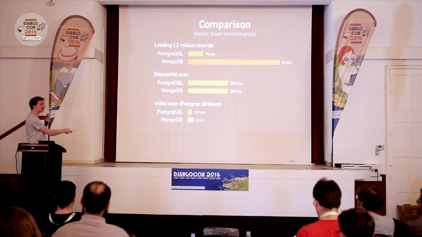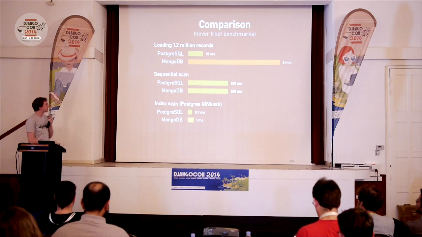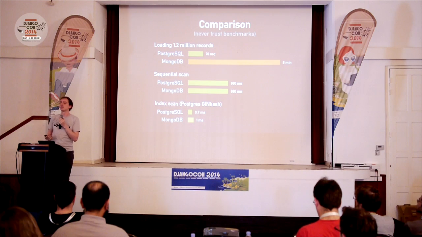Mongo is a database designed from the ground up for this, while Postgres is a general one with an index. But because Postgres has all this history and mechanics in there, it can perform the same as Mongo. And so suddenly, all the arguments for having a separate database are essentially gone.